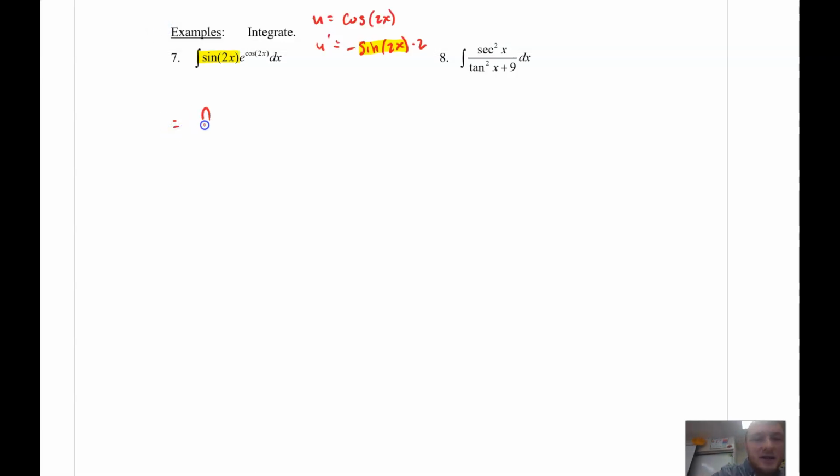So this is the integral of e to the power of cosine of 2x times, so here's my hook, negative 2 sine of 2x dx. Okay, and I need to balance that negative 2, so I'll balance it with a negative 1/2.